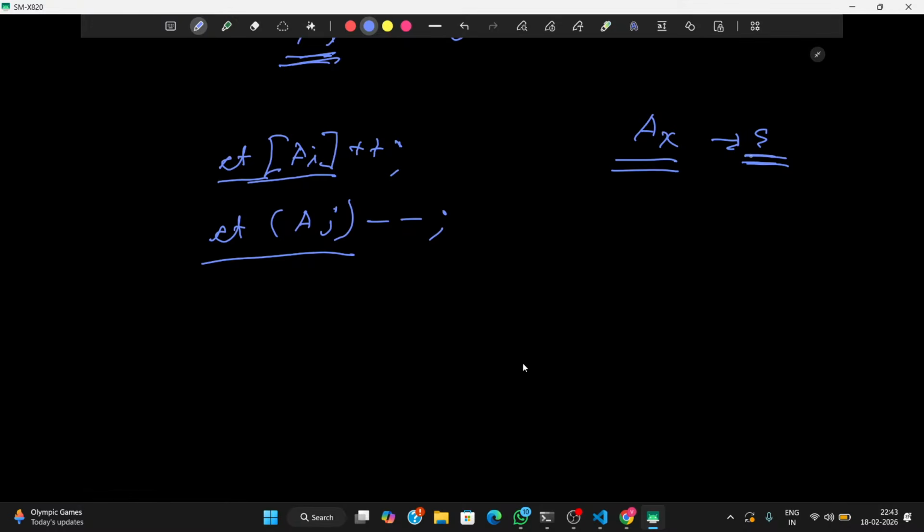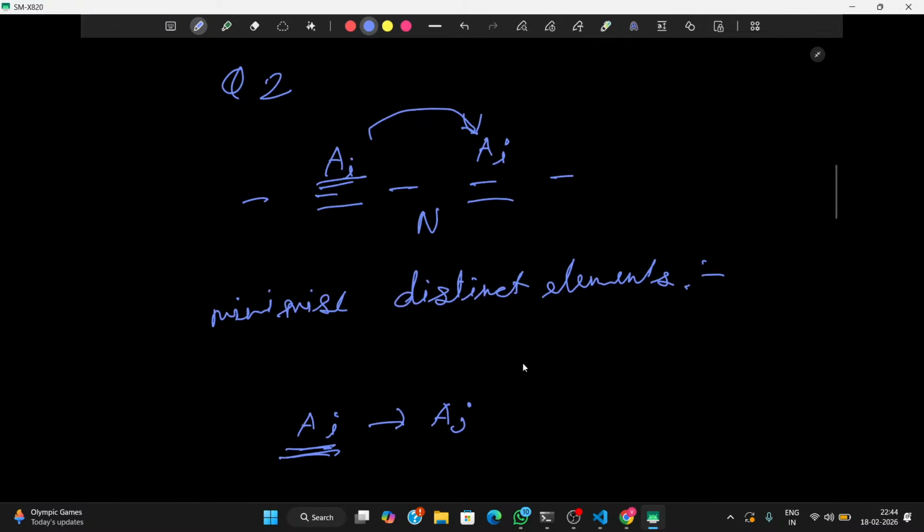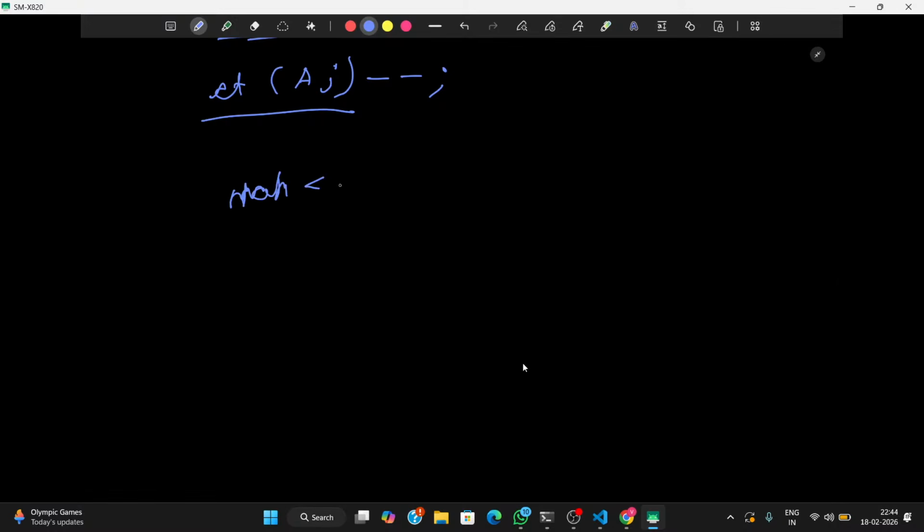In one operation, you can eliminate one occurrence of ax, and in four operations, you can eliminate all four occurrences of ax. So first of all, whatever array we were given, we will count the number of occurrences of all of the ai.